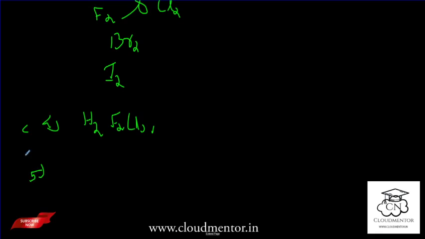And next, hydrogen in organic compounds can be replaced by halogens. We know the halogenation reactions, where the hydrogen of an organic compound can be replaced by the halogens. That is because of the similarity of hydrogen with the halogens or vice versa.